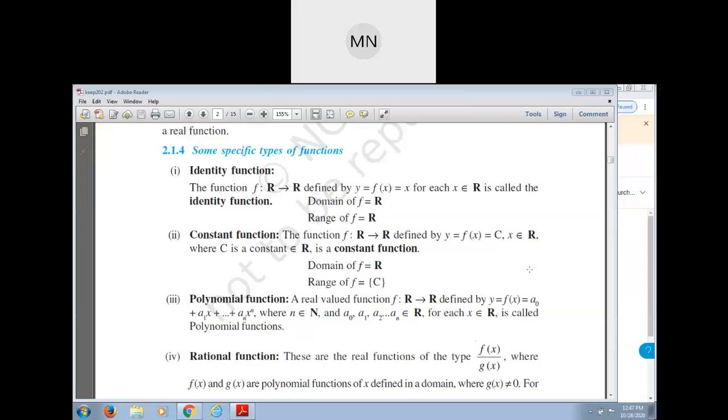Then f is said to be a function if all elements of the first set are associated with a unique element of the second set. Okay, so today I will discuss some specific types of function. I think all of you understand the domain, range, codomain of a function, isn't it?